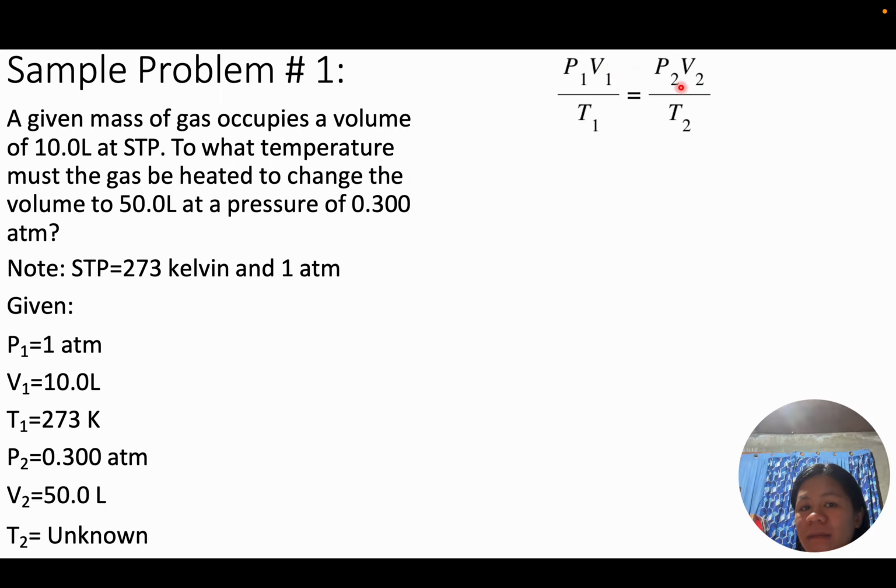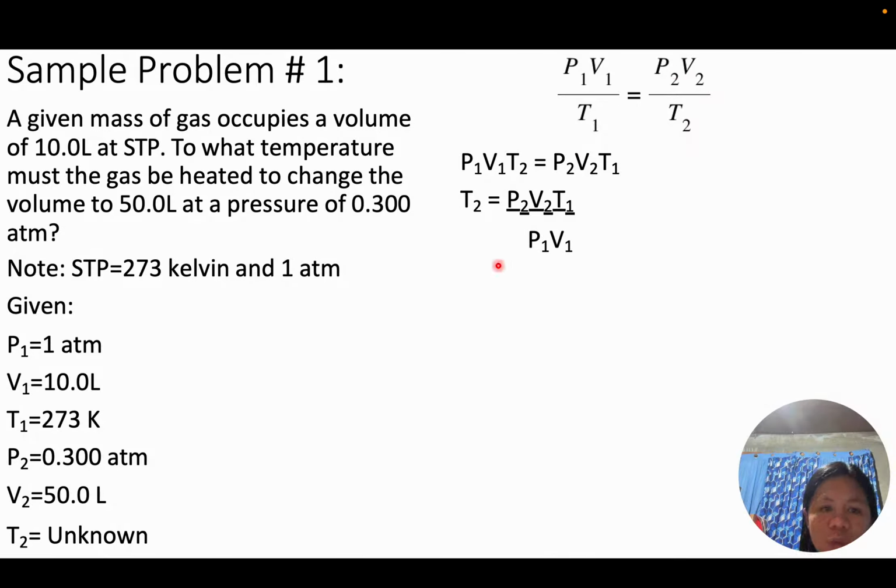P2 and V2 have T1 beside them. Since we are looking for T2, the ones beside it we will move to the other side. Ganun lang kasimple. T2, we just moved to the other side; since it was the denominator, it became the numerator. T1, we also moved to the other side. Denominator, it became the numerator.